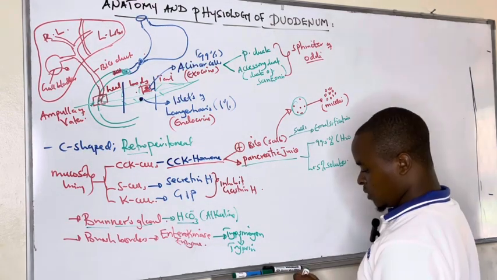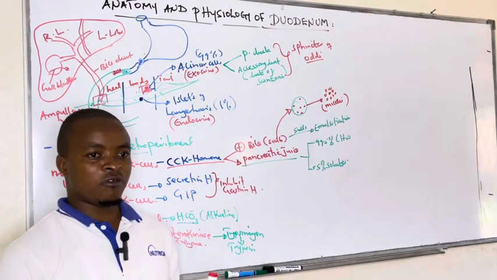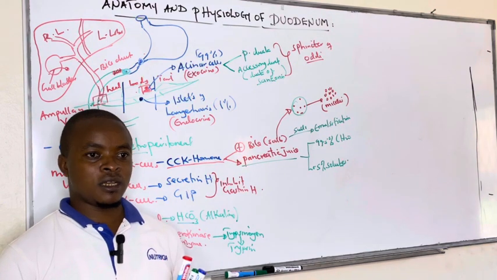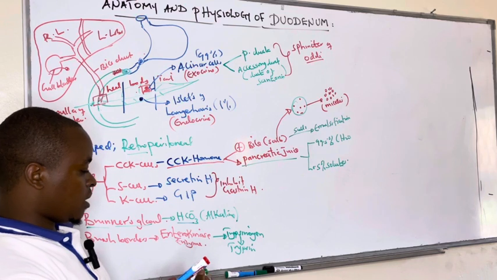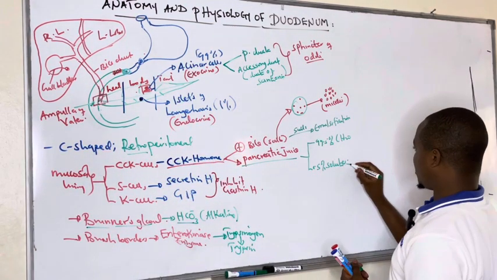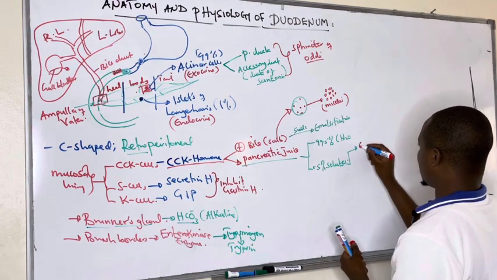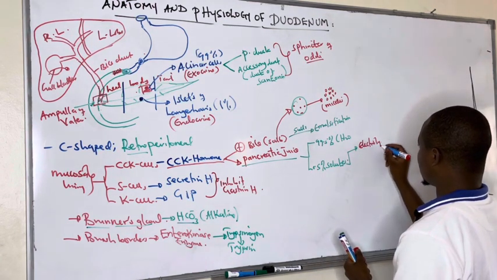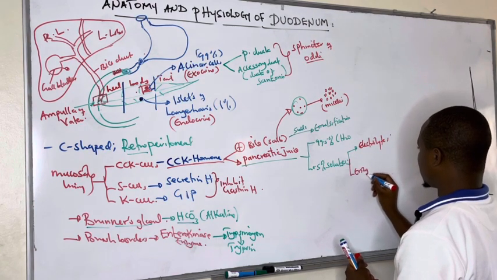And these solutes within the pancreatic juice are majorly electrolytes and enzymes. The electrolytes include sodium and different other electrolytes. Then we find the enzymes.